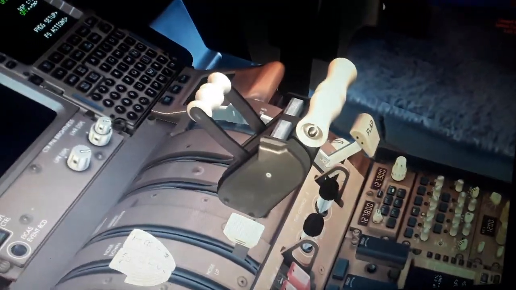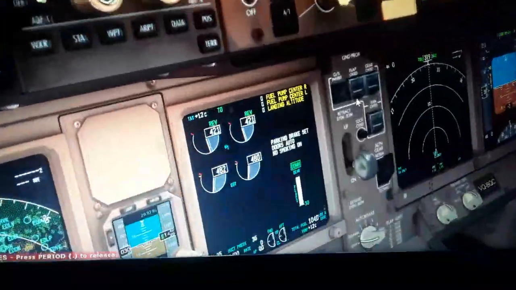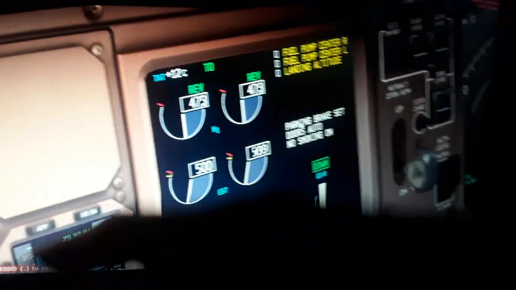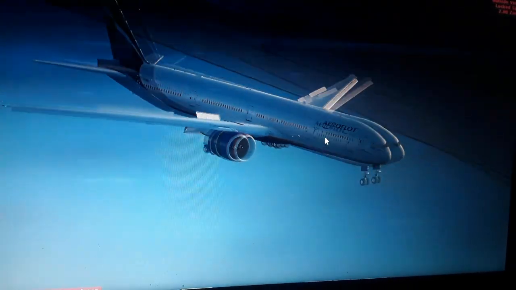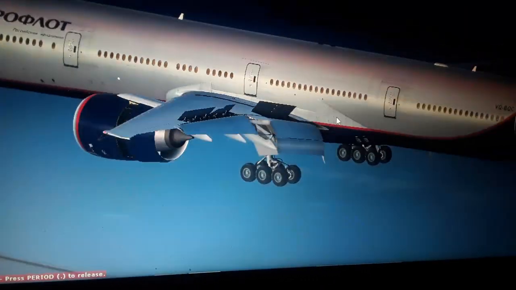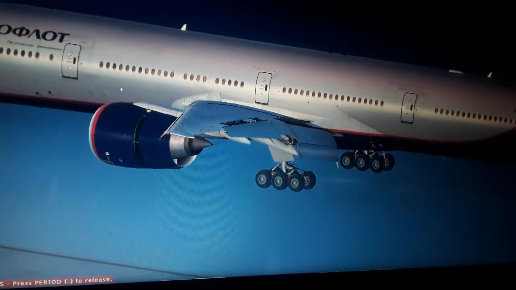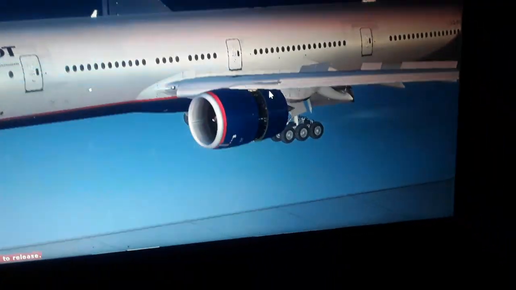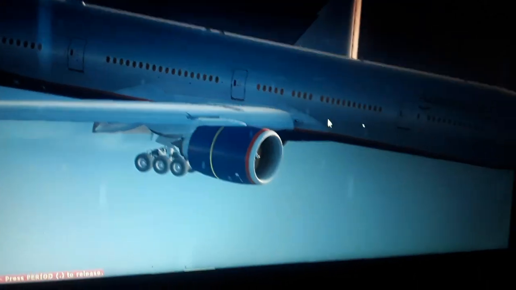If I move this handle up, it will extend the system, the thrust reverse, which opens the blocker doors and slows down the aircraft on the ground during the landing phase. So you can see the blocker doors here open, and the thrust reverses. Also the speed brakes extend, so you extend again one more time, and also you can use the forward view of the thrust reverse and extend again.